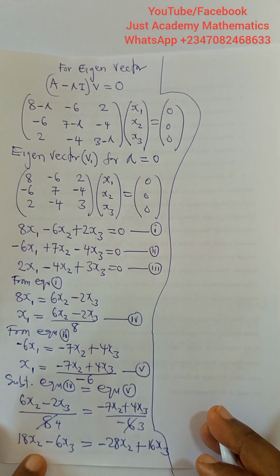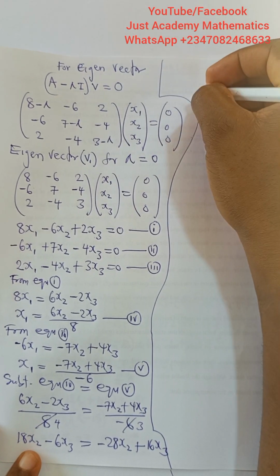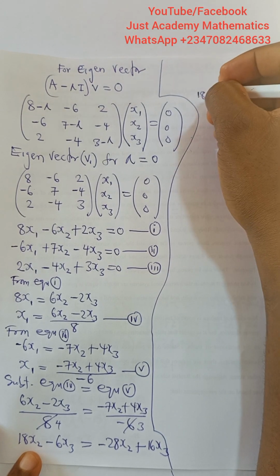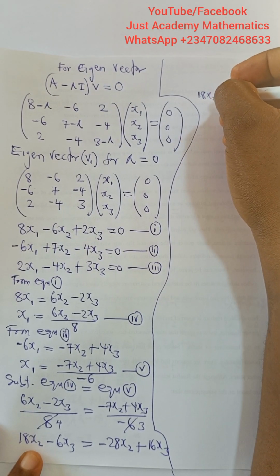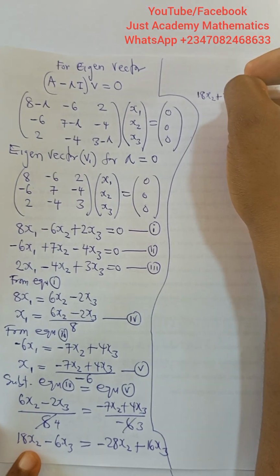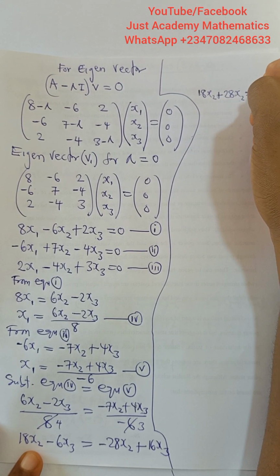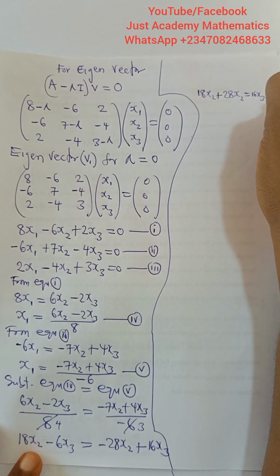This process is long, but it is easier. So we'll now have 18x2 plus 28x2 is equal to 16x3 plus 6x3.